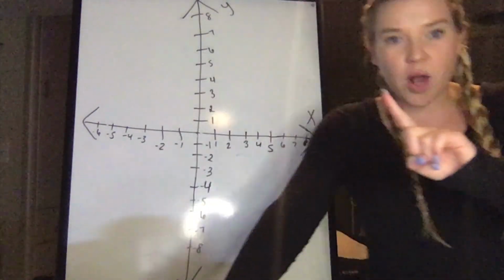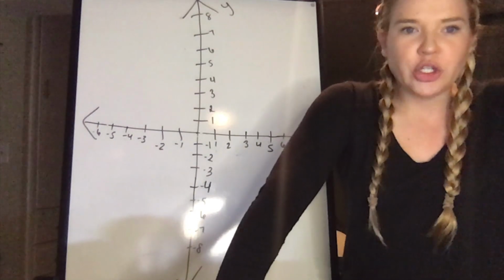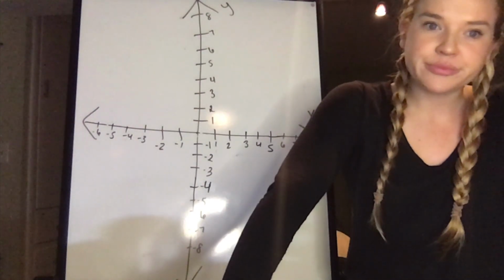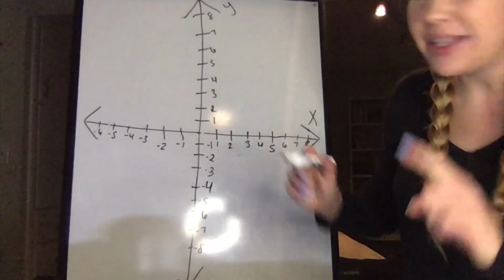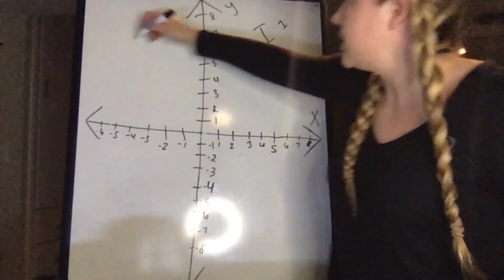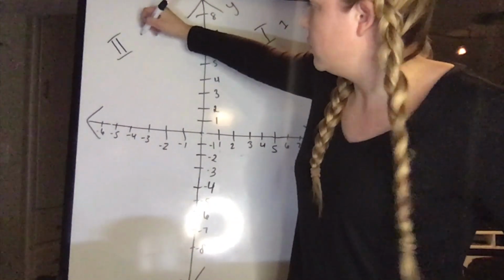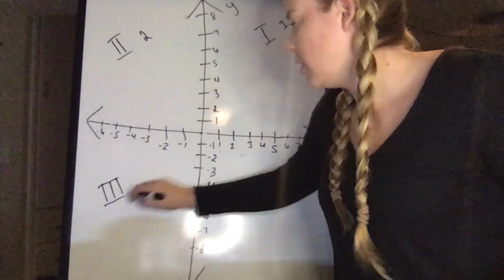Okay? First coordinate: 4, 2. Pause. All right, what quadrant did you get? Remember when we're labeling our quadrants, this is quadrant 1. This is quadrant 2, which is those two eyes. This is quadrant 3.